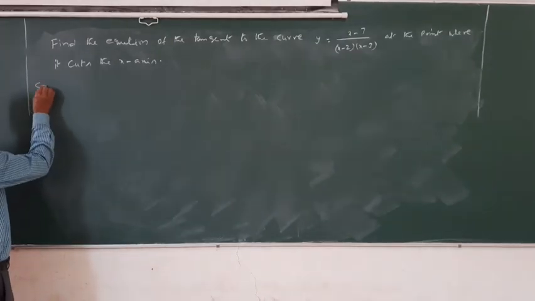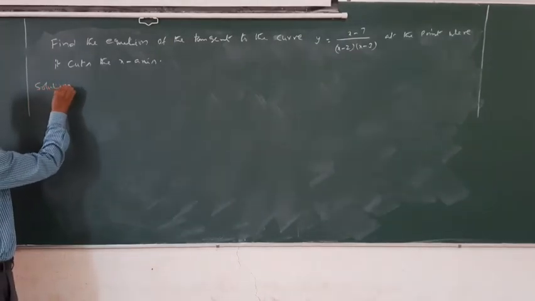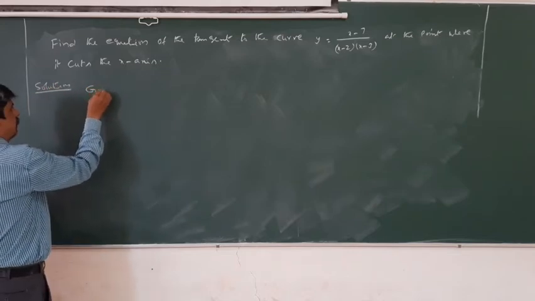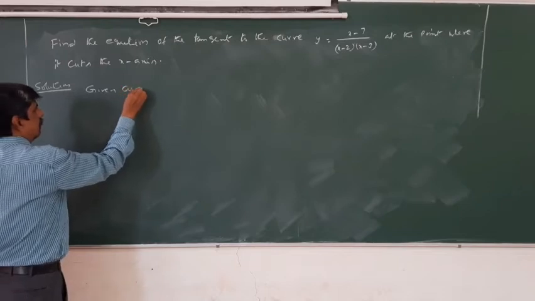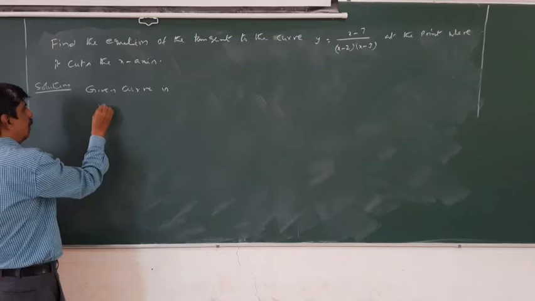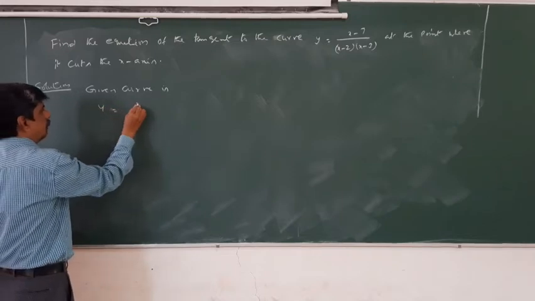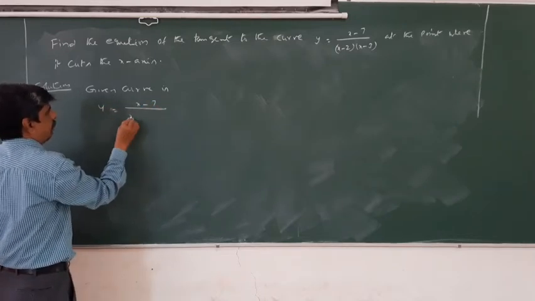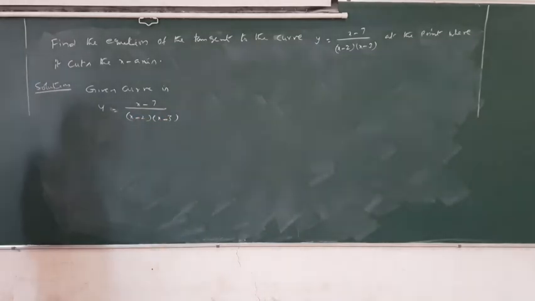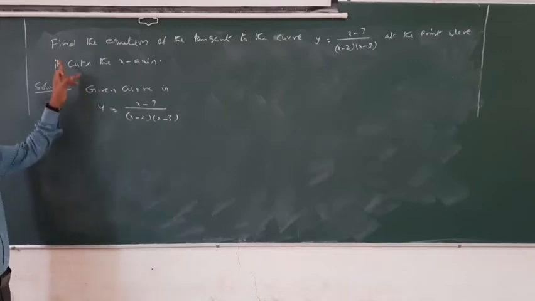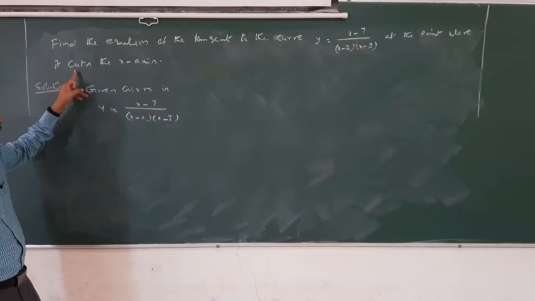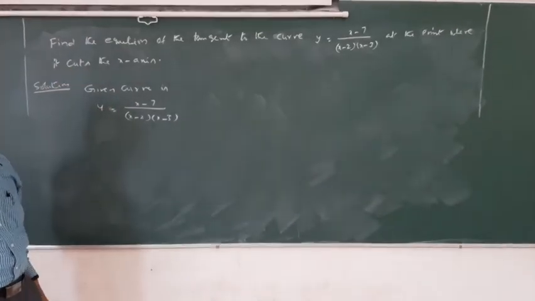So, solution. The given curve is y = (x - 7) / ((x - 2)(x - 3)). We want to find the equation of the tangent at the point where it cuts the x-axis.